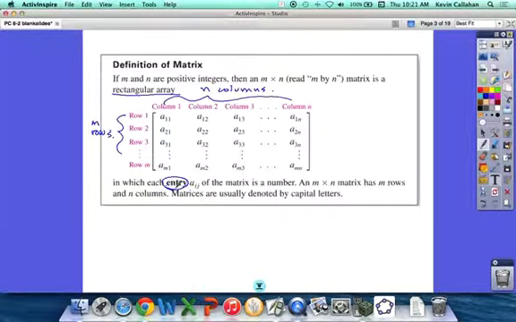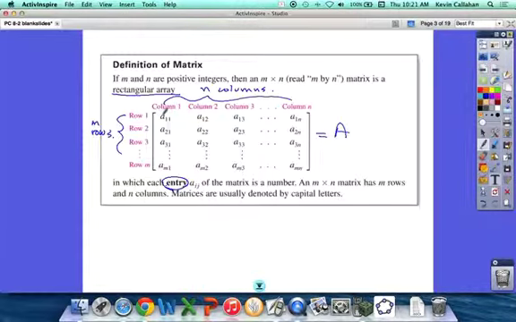And if you notice, an entry is usually written with a lowercase letter. If the matrix is defined as a capital A, which is common, then inside it's a lowercase letter a. And you notice how when you go down the rows, the first number is changing, but the second number stays the same.